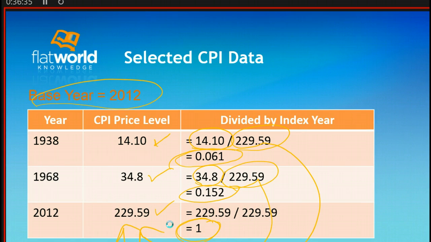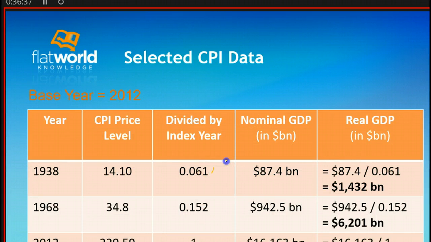Now I take that multiplier, because this is what I just solved for, and I divide it into the nominal GDP of each of the years in question. Well, GDP in 1938 was $87.4 billion.